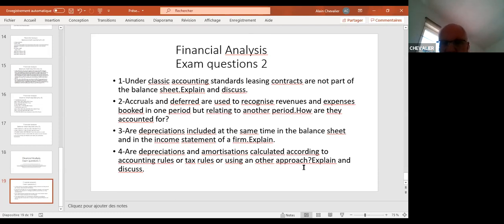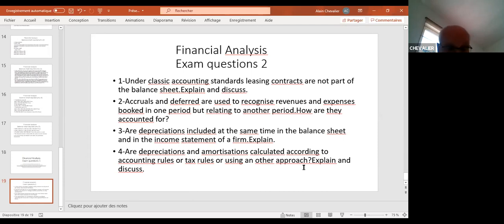And this is partly the tax rule, because you should not forget that these depreciations are deductible from the operating earnings submitted to taxes.